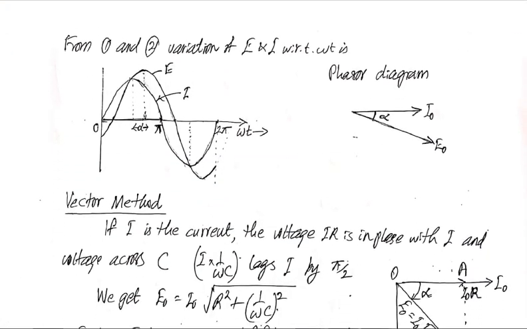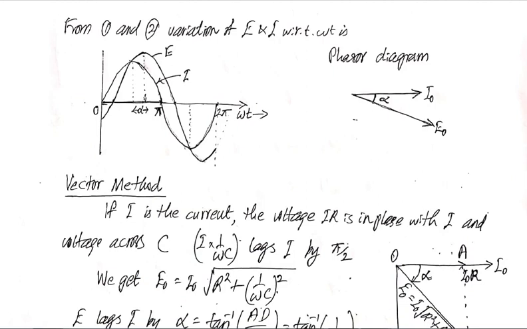Now from 1 and 2, the variation of E and I with respect to omega t can be represented as this diagram. Here the phase difference between E and I is this much, that is equal to alpha. Here we can see at this point when omega t is equal to pi by 2, I is maximum. But E is maximum only after a phase of alpha. So E is lagging I by a phase of alpha.